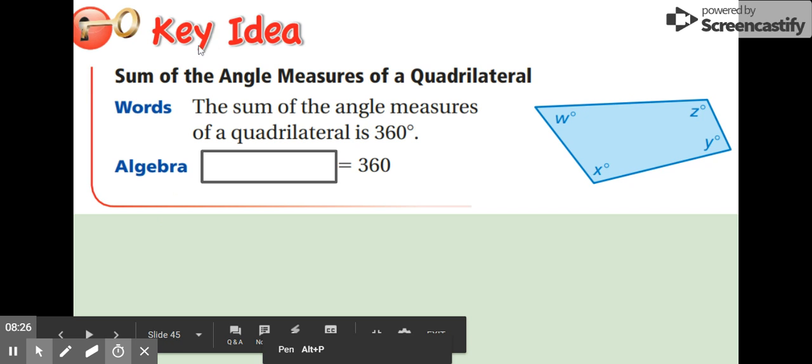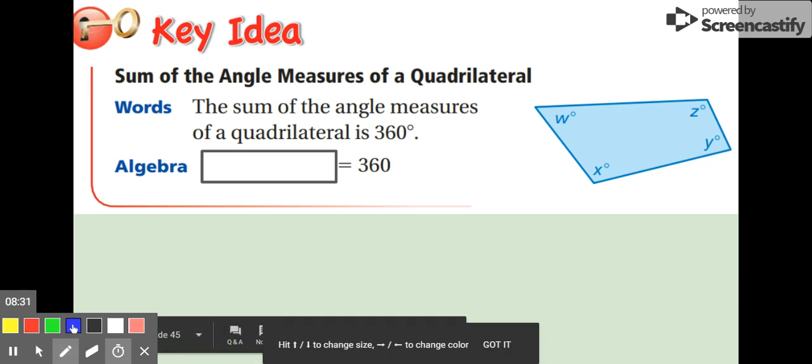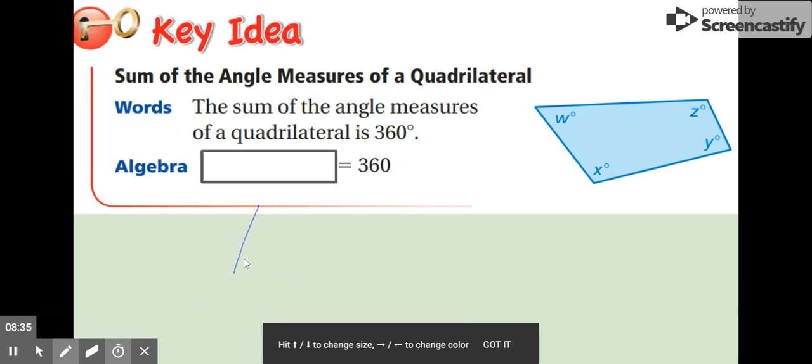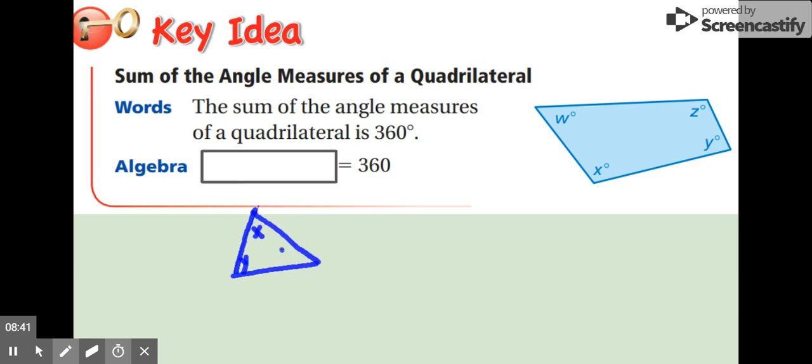All right, so we're going to talk about angle measures of quadrilaterals. Before I explain this, I want you to go back to the triangle. Let's say the triangle is right here. What was the angle sum of the triangle? We have x, y, z. x plus y plus z is 180. So now, how many triangles are here?